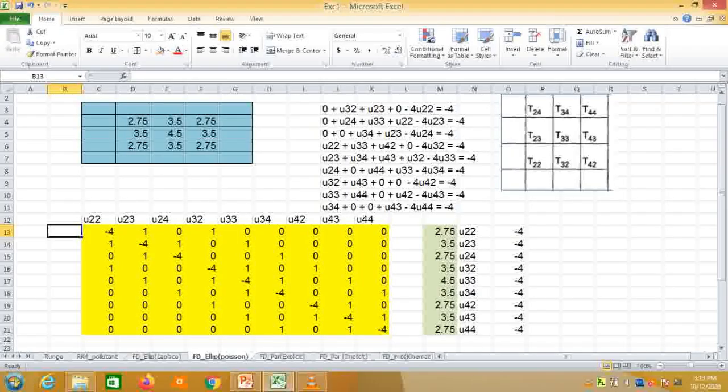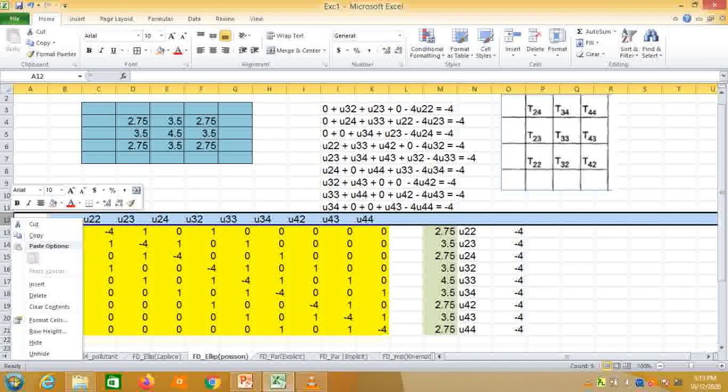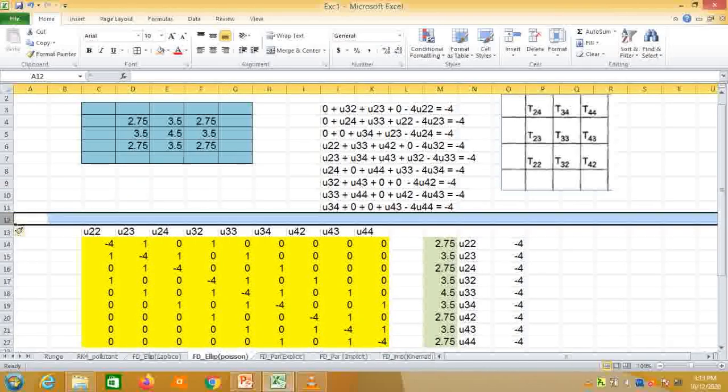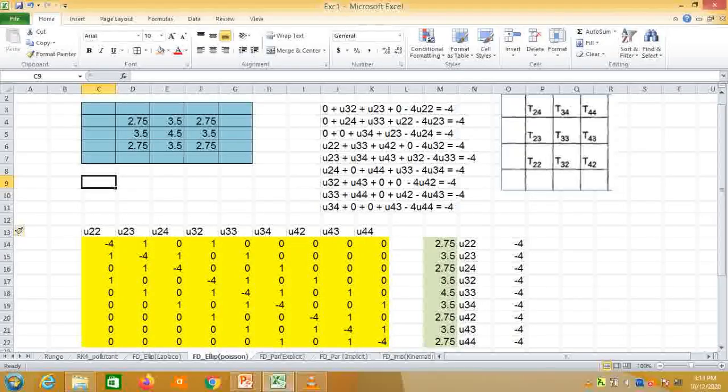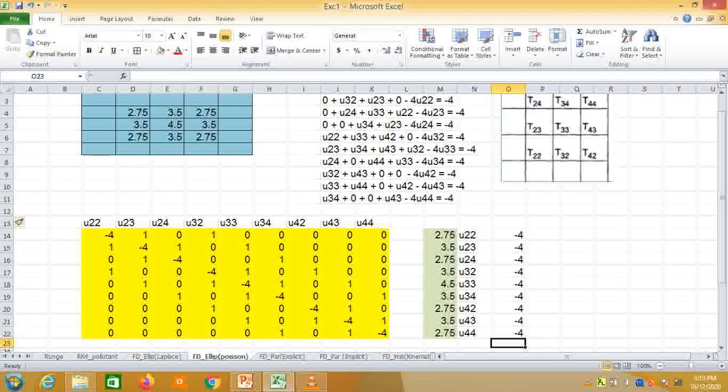So from those sets of equations, we just identify the coefficients here. And the right-hand side, in each one of them, is -4. We are supposed to find the values for U22, 23, 24, 32, 33, 34, 42, 43, 44.